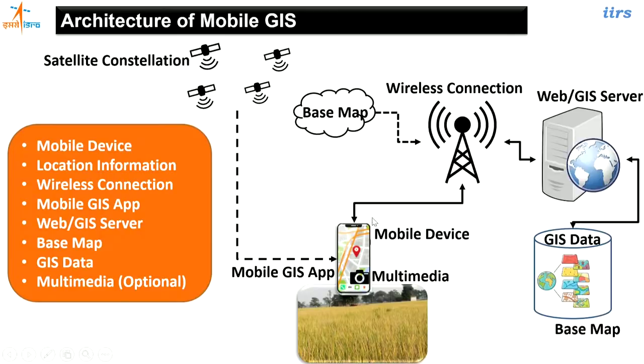Since the chips are not readily available in phones right now, only a few phones have them, but otherwise there is a Bluetooth device that is readily available from various vendors in various cities of the country. From there you can purchase it, and that Bluetooth device can directly be connected with the mobile device, and you will get the location calculated from our NavIC receivers into your mobile phone for this mobile GIS application.